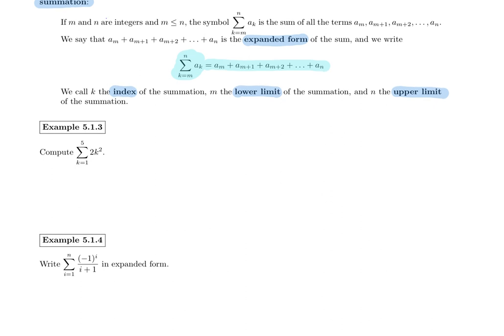So if we wanted to compute the sum from k equals 1 to 5 of 2k squared, well, that would be 2 times 1 squared, that's our k equals 1, plus, now add the k equals 2 terms, 2 times 2 squared, plus 2 times 3 squared, plus 2 times 4 squared, plus 2 times 5 squared.